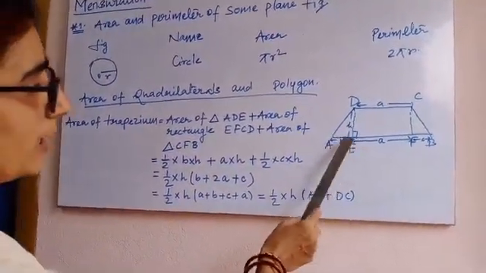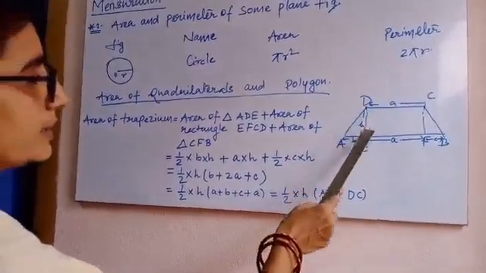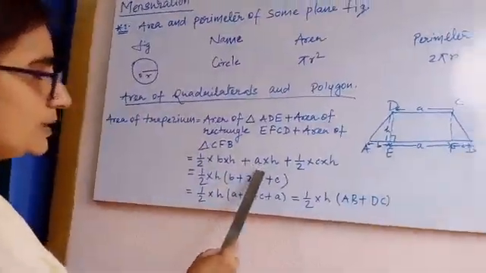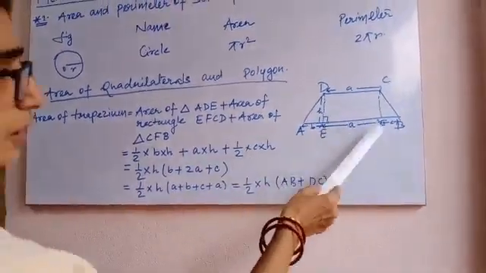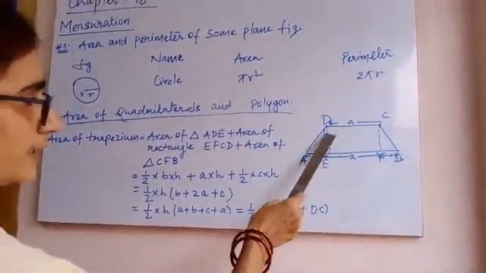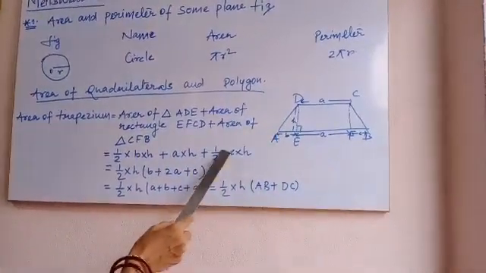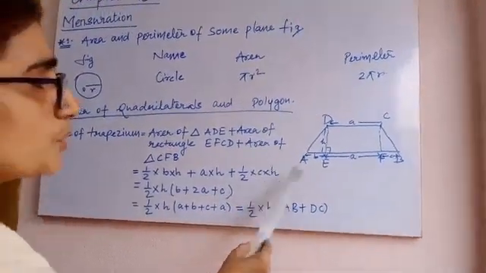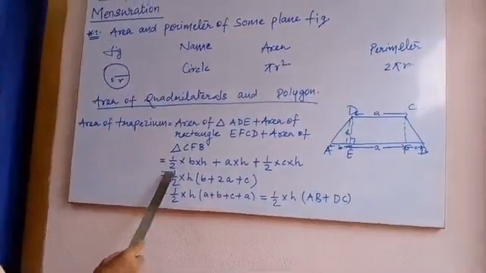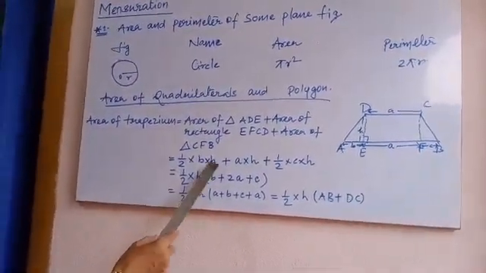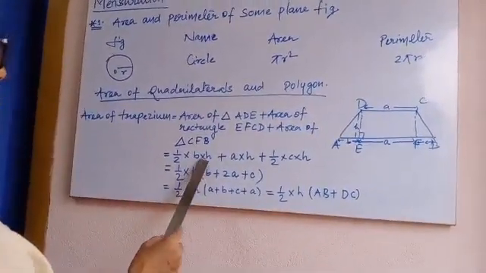Base AE and height DE equal to h, plus area of rectangle equal to A into h, A base and this is height, L into B, and plus 1 by 2 C into h, C base and h height. Equal to 1 by 2 into h. Here h is common.